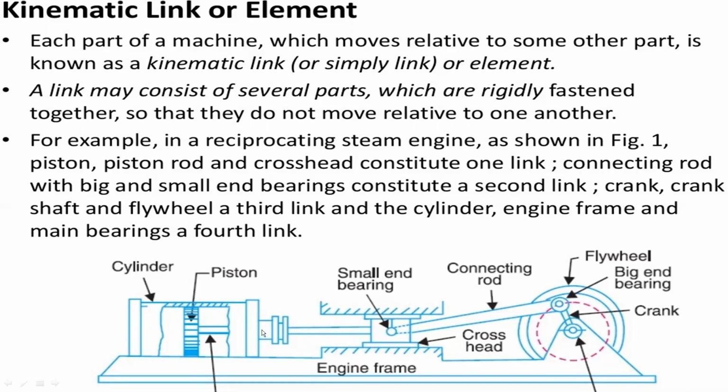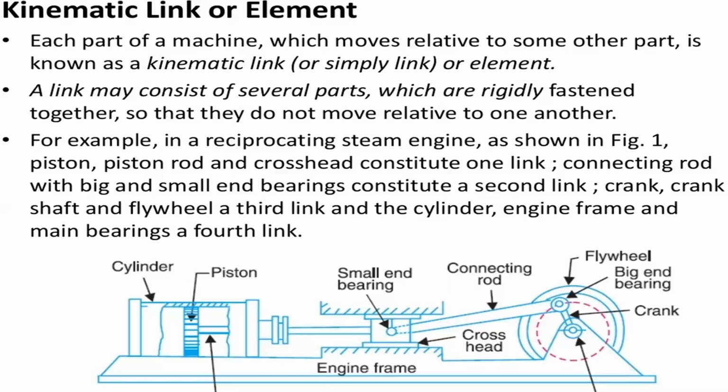When we need to transmit motion from one part to the other, these four links are used to transmit motion from one link to the other. The crank rotates and transmits motion from the crankshaft to the connecting rod, and the connecting rod transmits it to the crosshead, and from the crosshead to the piston rod.